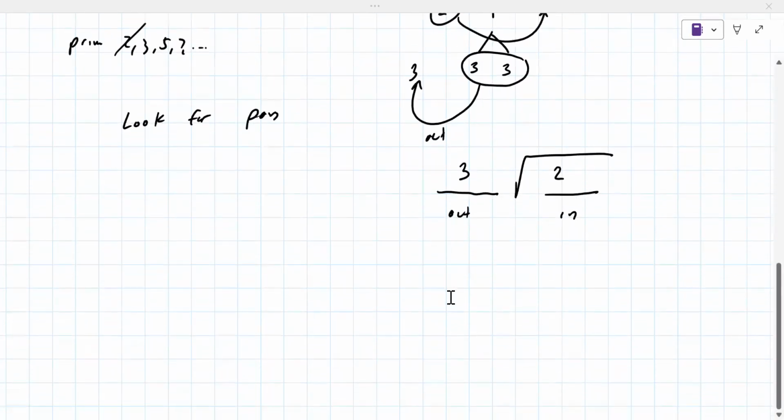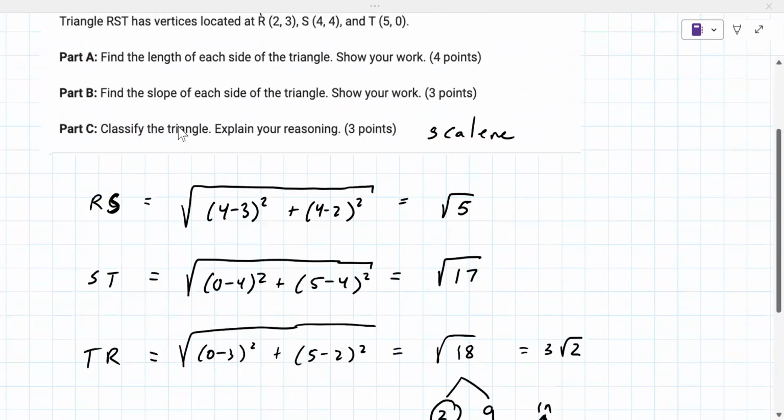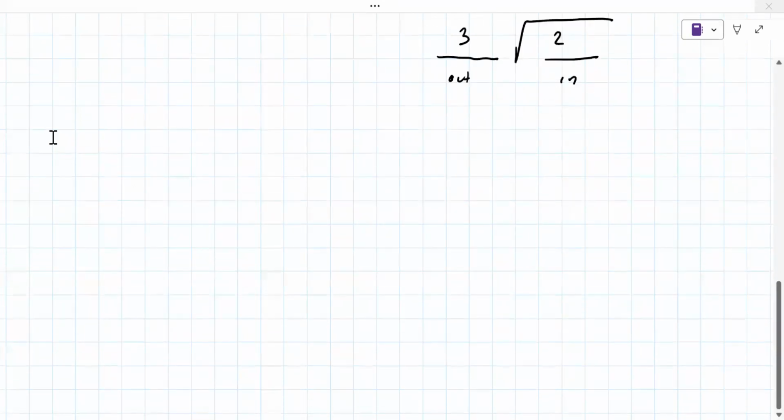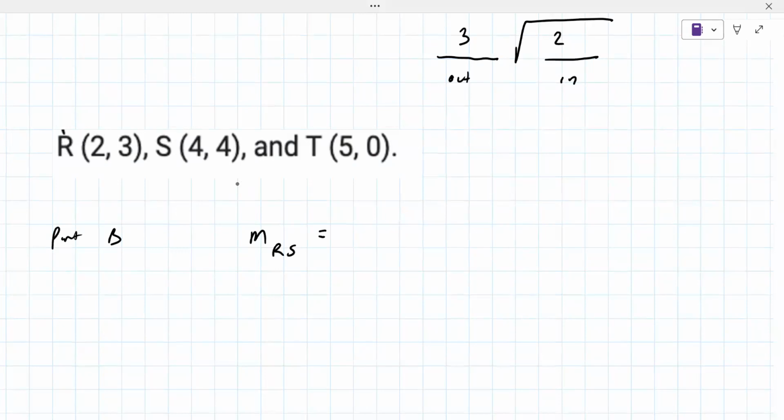All right, so here's where we're at. We now need to do part B, which is to find the slopes, and we want to do it in the same order that we just did. So for part B, we want to find the slope from R to S. That's 4 minus 3 over 4 minus 2, which is 1/2.